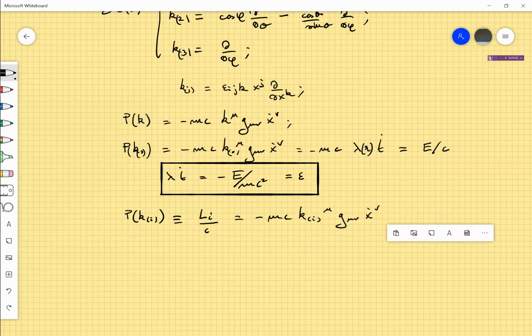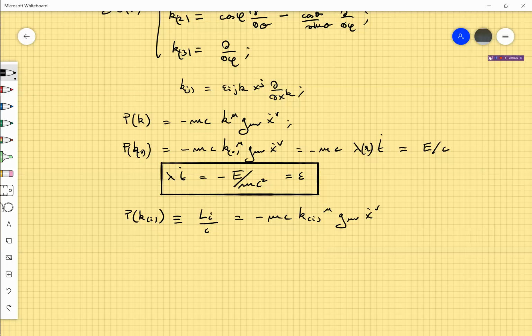First notice that these are three conserved quantities and we have found only one. So you may wonder if there is really another two in our system. Well, that is not the case. The point is that these Li's are not completely independent, or not all of them are really meaningful.